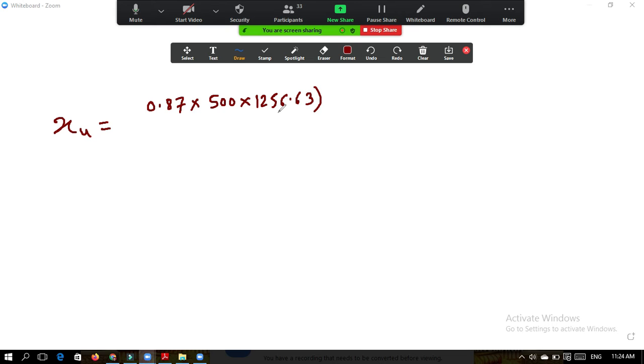This is 0.87 Fy into Ast minus 0.446 FCK, here it is Bf minus Bw, 1470 minus 230, into Yf. So Yf is 0.15 Xu plus 0.65 into Df.